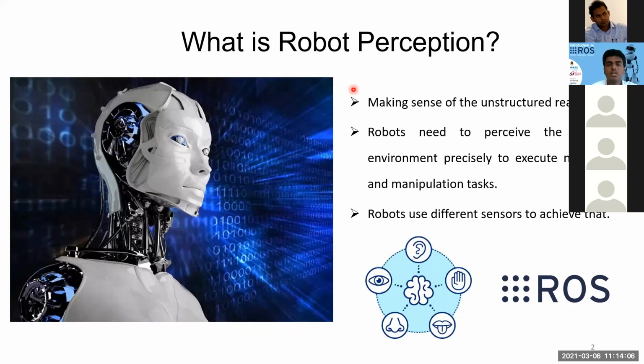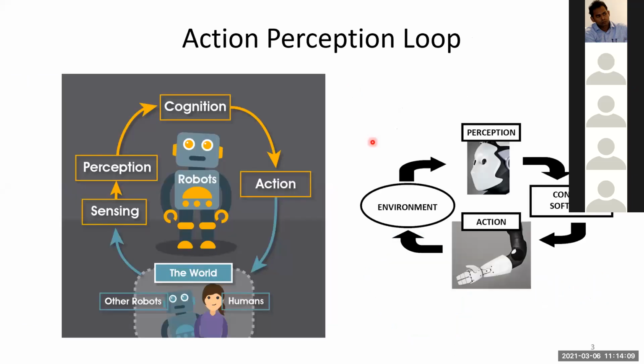Moving on to the next slide. There's something common in many robotic platforms, which is known as the action perception loop. When a robot interacts with the world, it first gets some data or sensor inputs from the real world. That's known as sensing as well as perception.